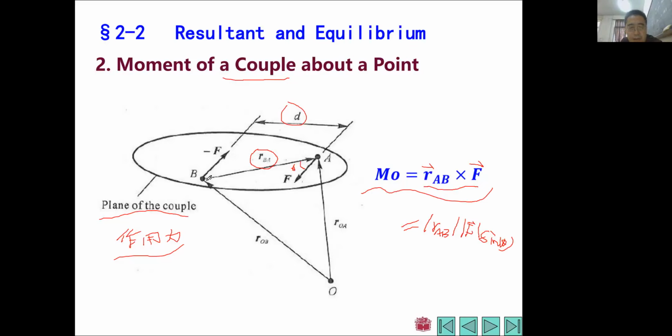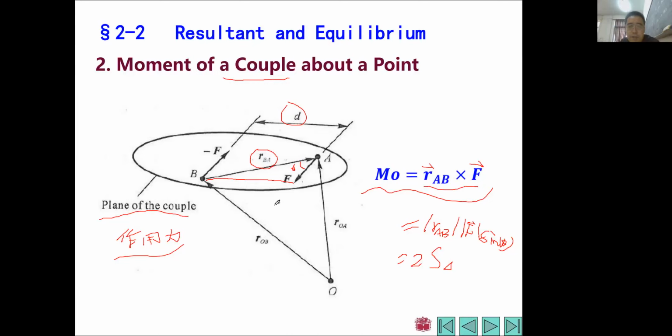So if I link this one, actually we have the sine principle of how to find the area of a triangle. 三角形面积的正弦定理. So it equals 2 times S, the actual area of this triangle.